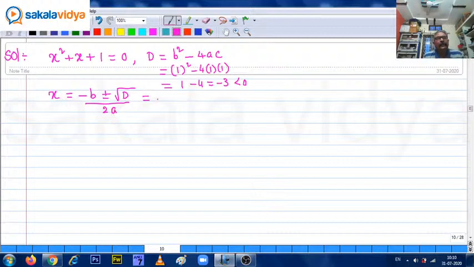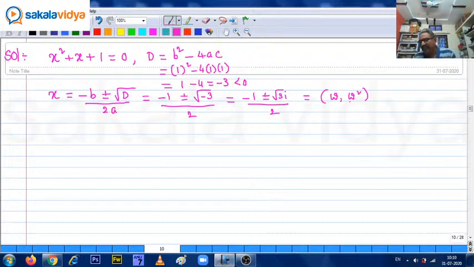So here minus 1 plus or minus root of minus 3 upon 2. This will be minus 1 plus or minus root 3 i upon 2. So we can say the roots are omega and omega square. One is omega, another one is omega square. Now let us consider x is equal to omega. No problem, let us consider one of the values.